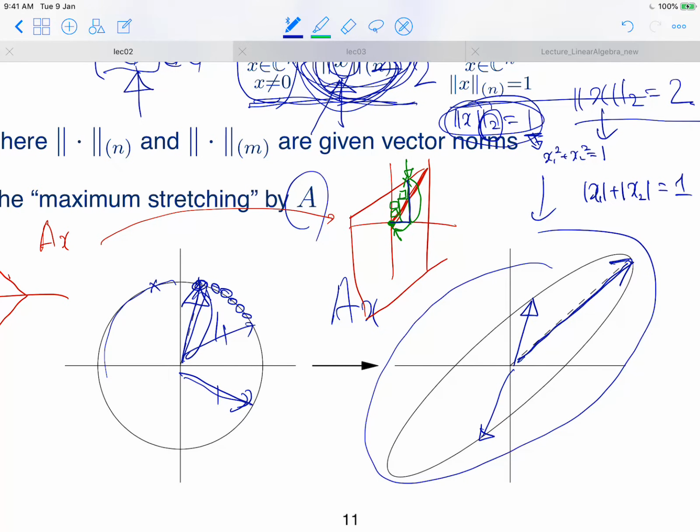Okay, so we have the freedom to choose any vector that has a length of 1 as an input vector. Now let's think of its decomposition in terms of our eigenvectors. Suppose we have some particular eigenvector over here and maybe over here.